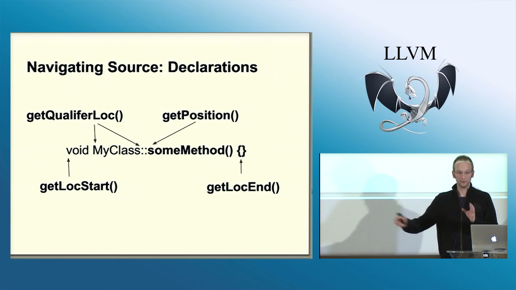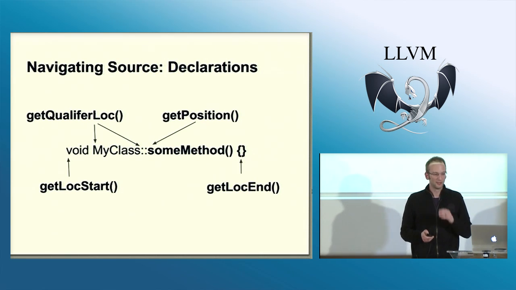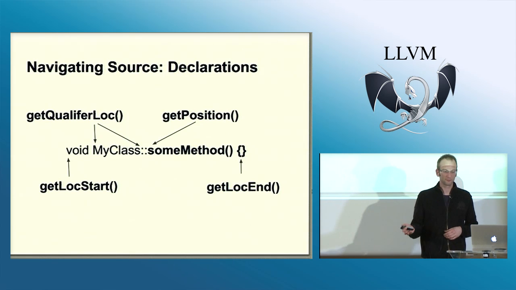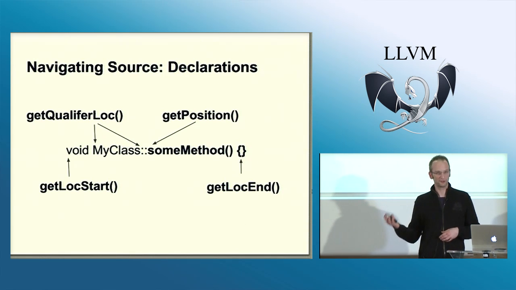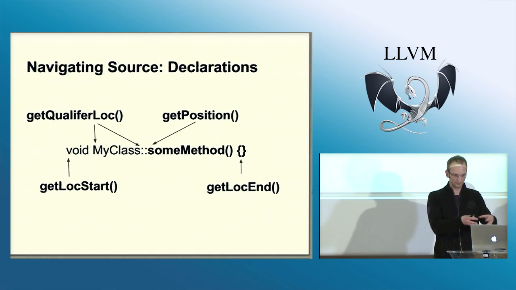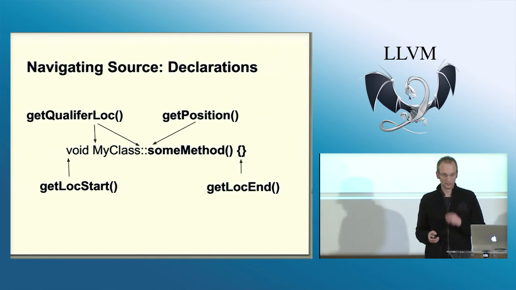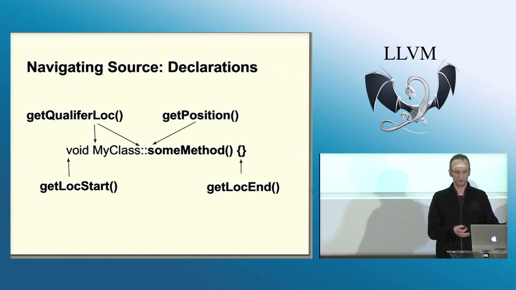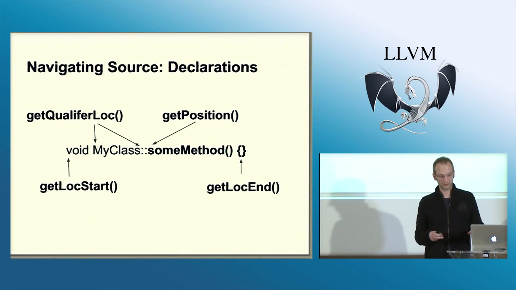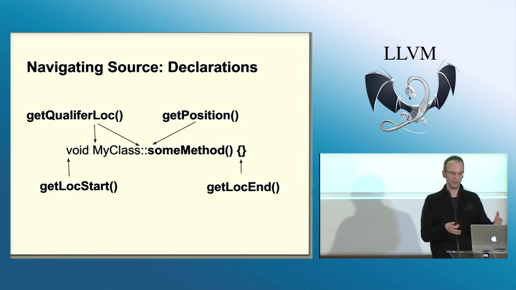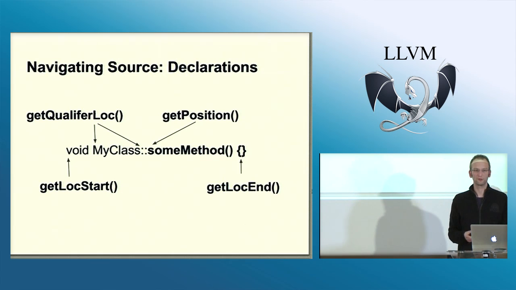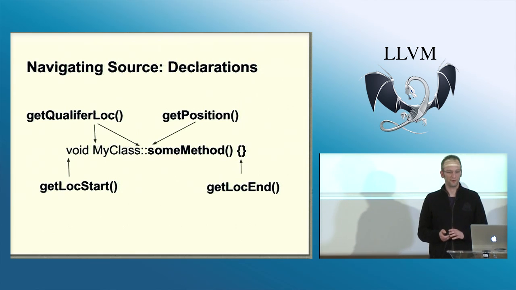If that was longer, it would actually point to the start of that token. Then declarations have a method called getLocation that gives you the position of the identifier of the thing that is declared here. And because this is a method declaration, you can get a qualifier location, which will give you a range, from the first to the last token of that qualifier.